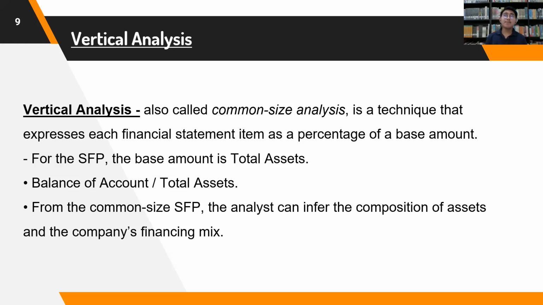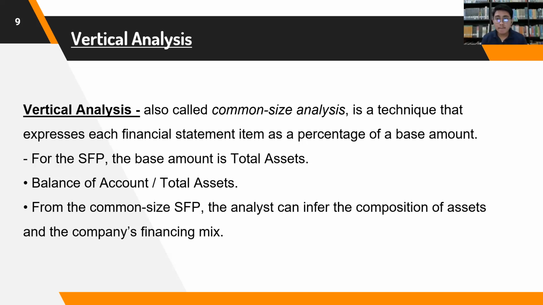Okay, so for the statement of financial position or the SFP, the base amount is total assets. Okay, tandaan po yan. Ang base amount po natin will always be total assets when it comes to the statement of financial position. So ito po yung formula niya when it comes to vertical analysis: balance of the account divided by total assets.